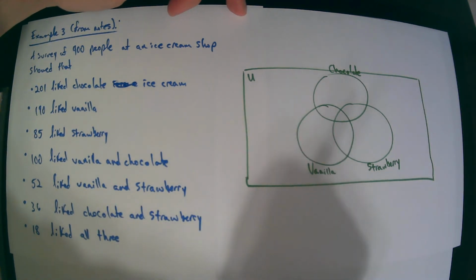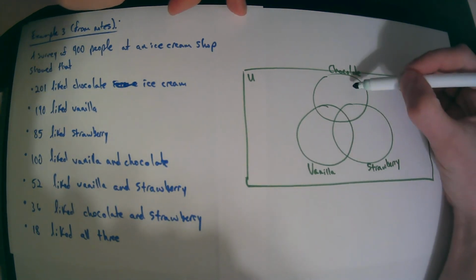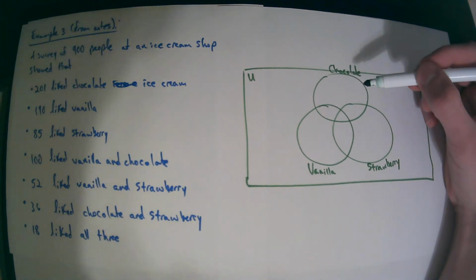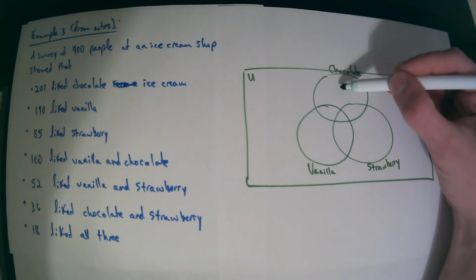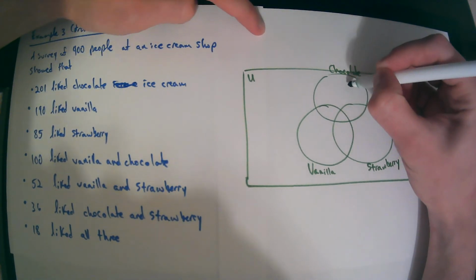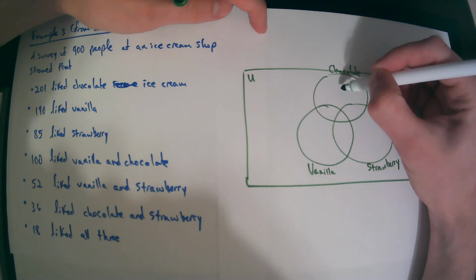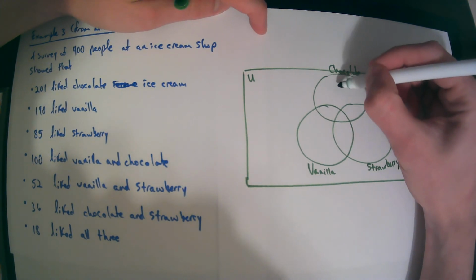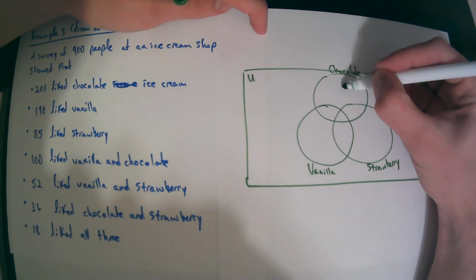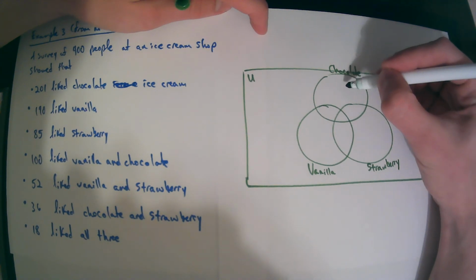Why is it incorrect to write 201 right here? Because this spot right here is not the total number of people that like chocolate ice cream. This spot where I'm pointing is reserved for the people who like chocolate ice cream but don't like any other flavor. That's the difference.